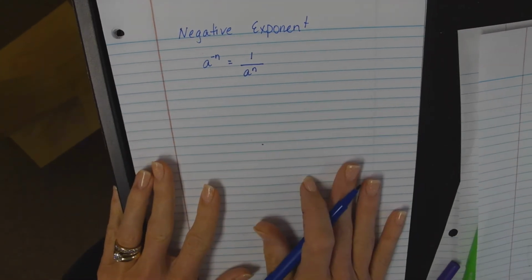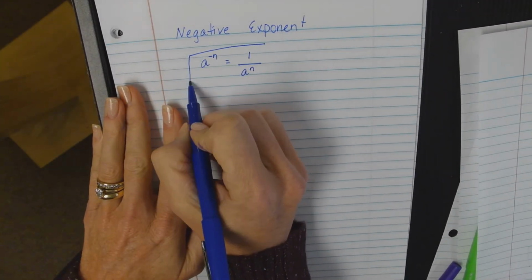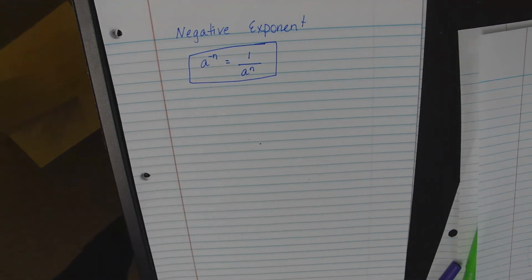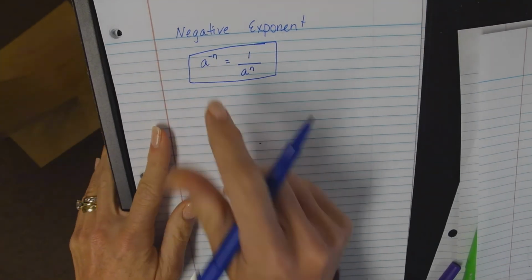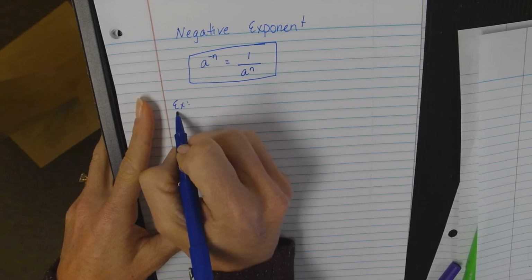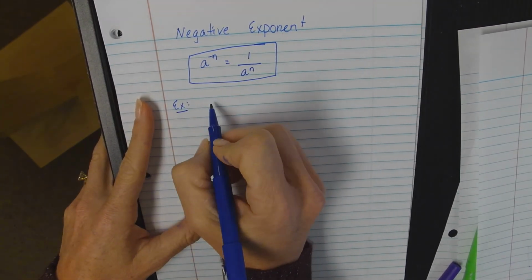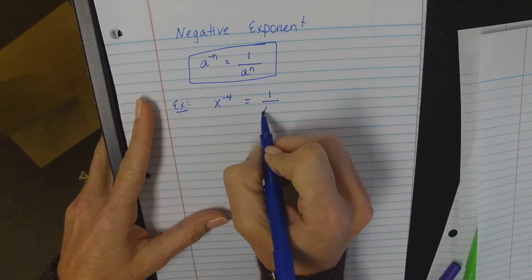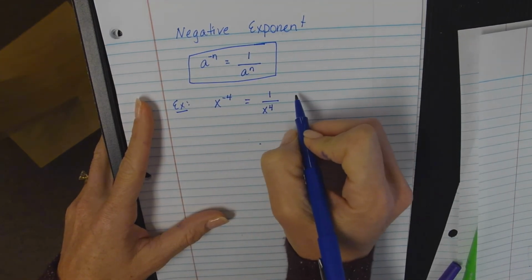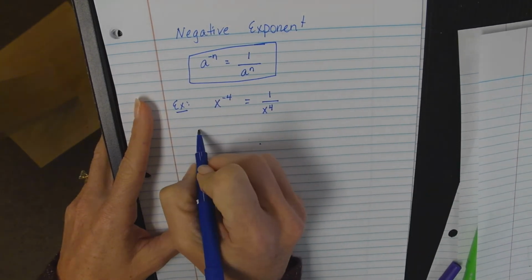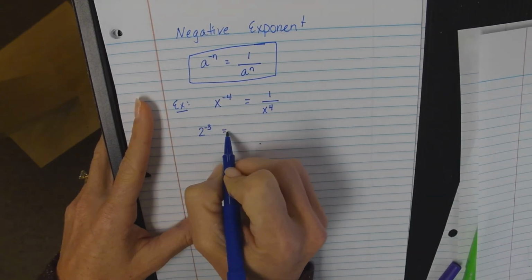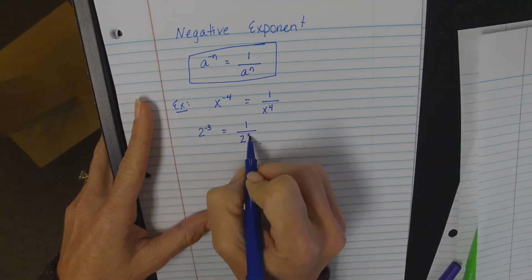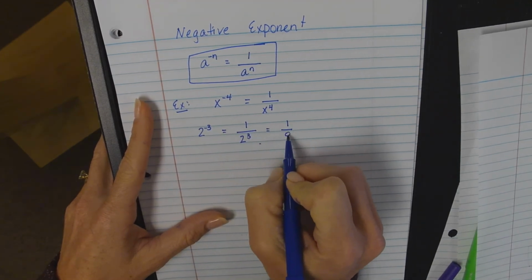Okay. All right, so here is the last but not least box. The base, what do you notice about the exponent? It is negative. Look at what that negative exponent does. It makes it go to the bottom of the fraction. For example, x to the negative fourth is simply 1 over x to the fourth. 2 to the negative 3 is simply 1 over 2 to the third, which is 1 over 8.